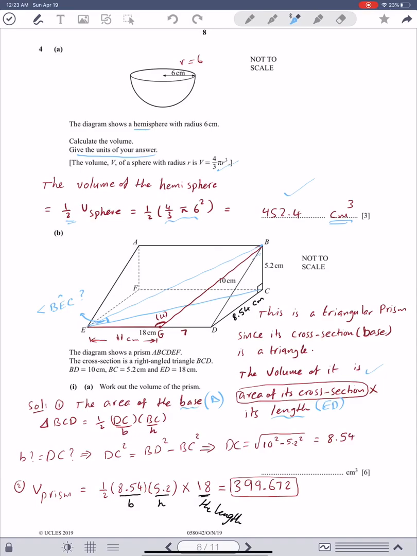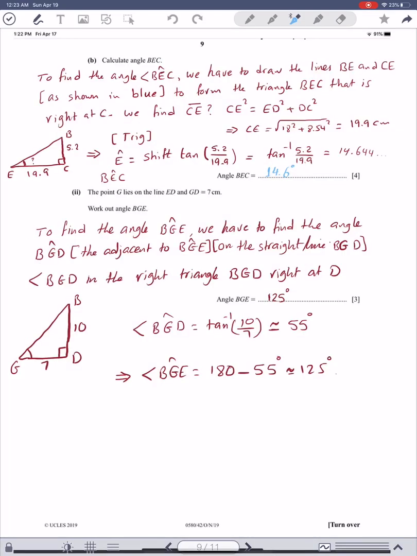So BEC is the angle in the triangle BEC. I wrote everything in detail here. So to find the angle BEC, we have to draw the lines BE and CE, as shown in blue, to form the triangle BEC, that is right-angled at C.